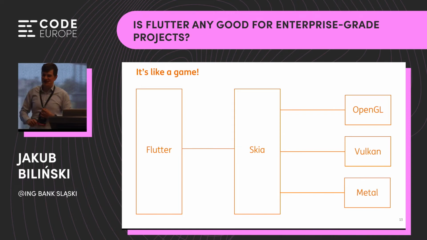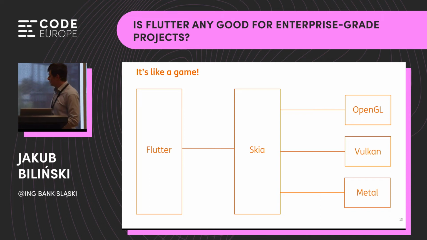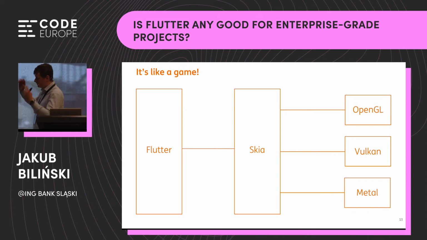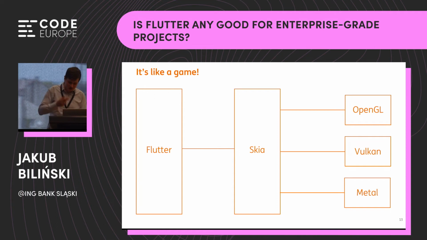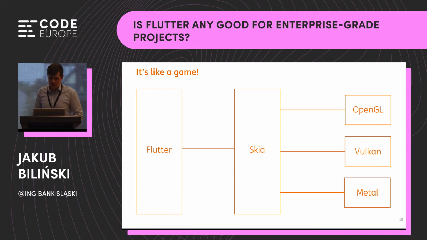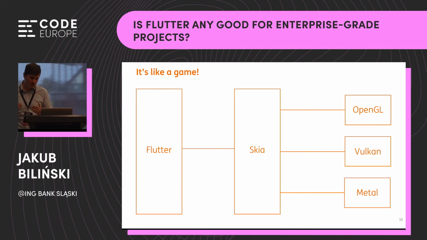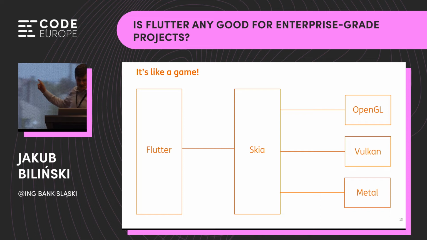I would like to say it's hard. You have to do a lot of manual labor, like creating frame buffers, and on Vulkan even more. You have to create descriptor pools, descriptor sets, command buffers, commands, a lot of things, and you have to use those things properly, or you will get really, really bad performance. Flutter with the Skia library does it completely for us.